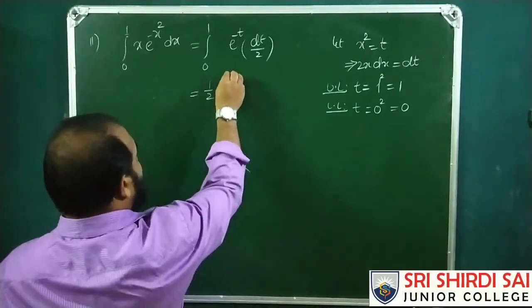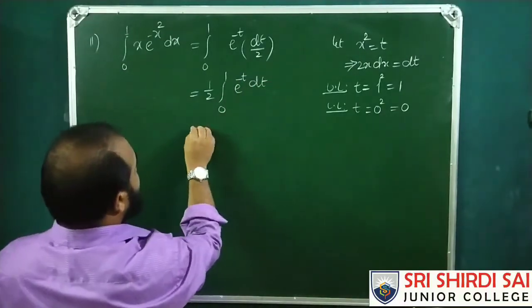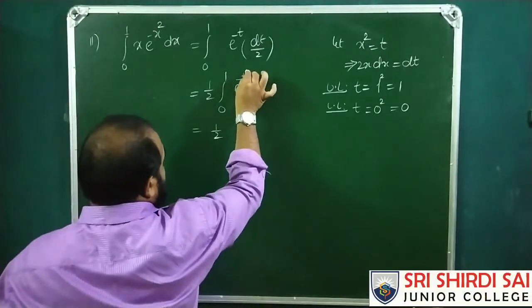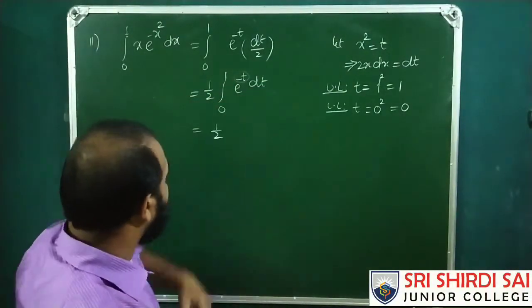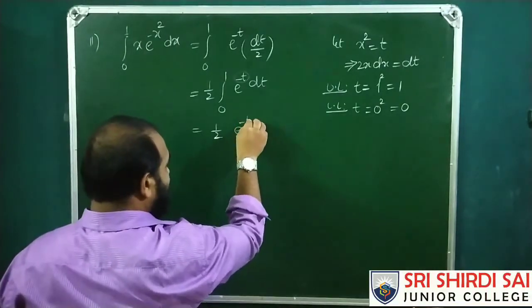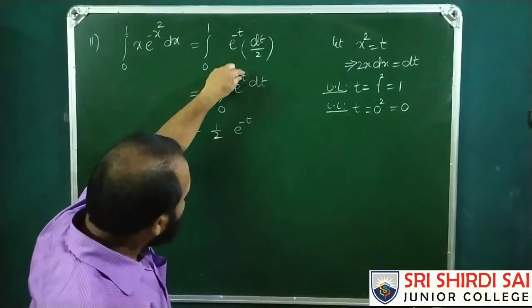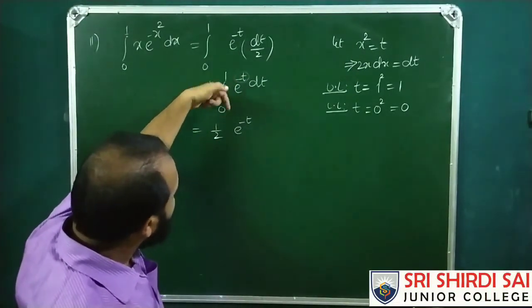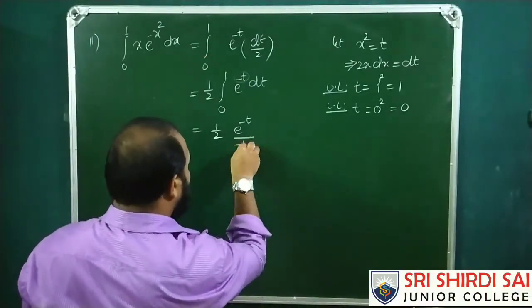So the integral from 0 to 1 of e power minus t dt. Let us suppose this to be x. The integral of e power x dx is e power x. So e power minus t, since it is taken to be x, we need to divide it by d by dt of minus t, which is minus 1.